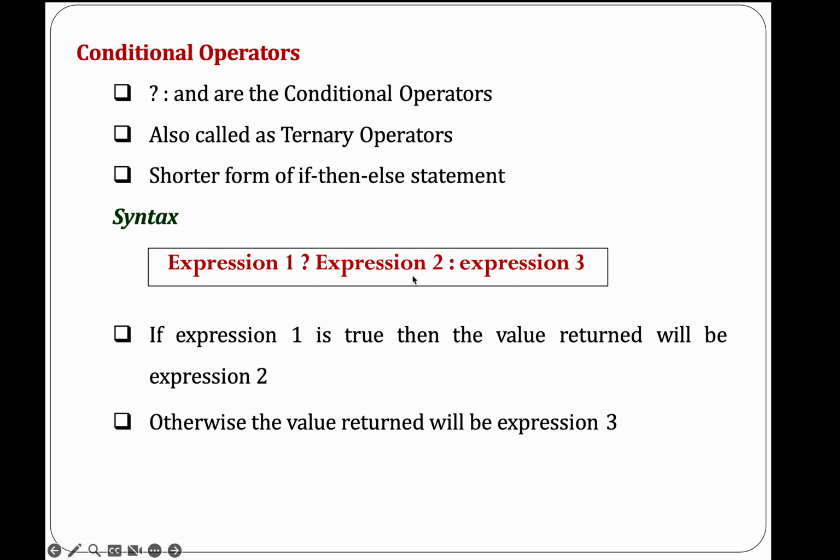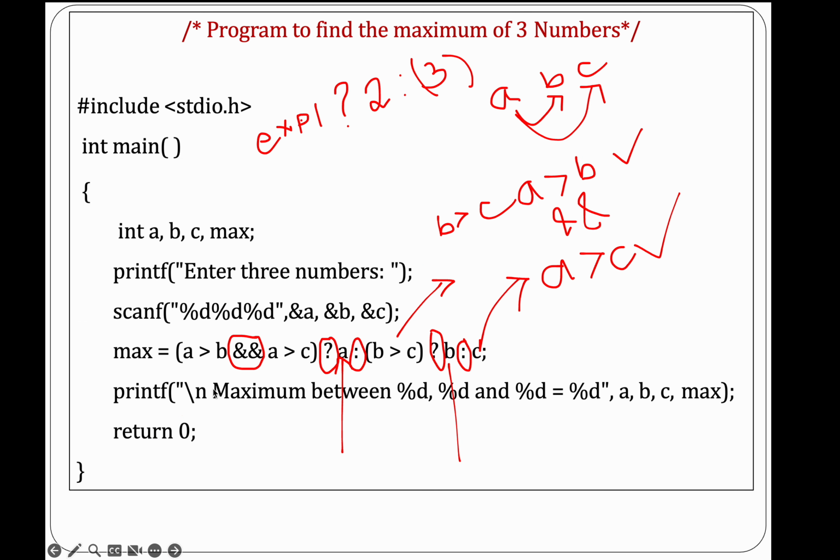So either you can print a constant value or else you can evaluate another expression. According to this concept, I am checking one expression, A greater than B and A greater than C, and if the result is true, I will directly say A is greater, else I am checking the condition because there is a possibility either B is greater or C is greater. So it will check the condition B greater than C. So B is greater or C is greater.